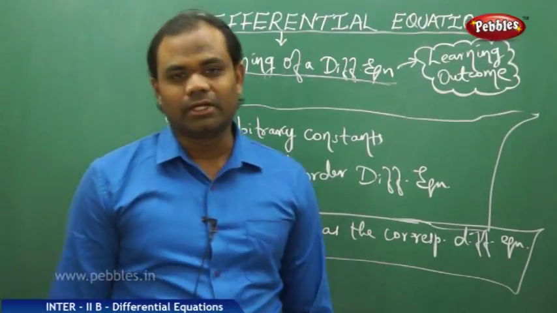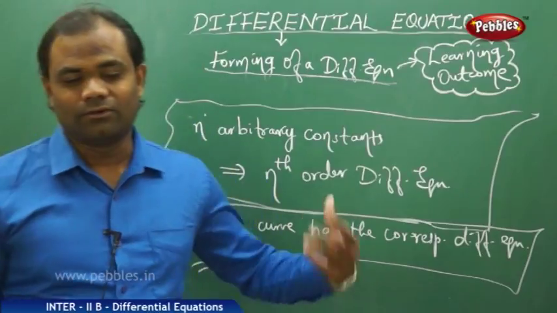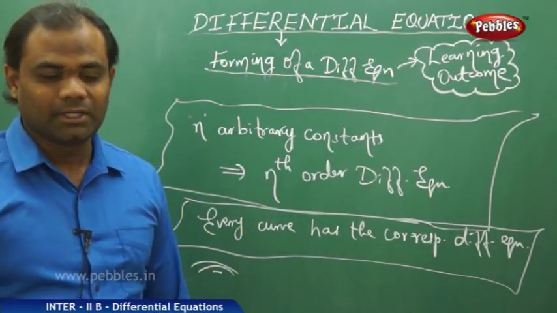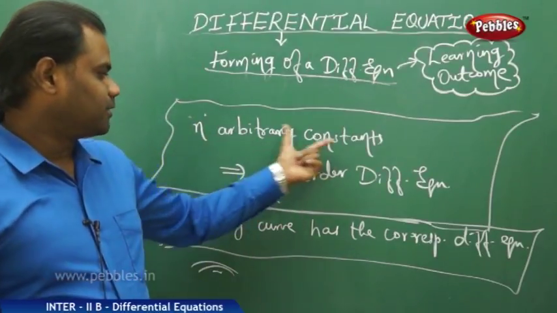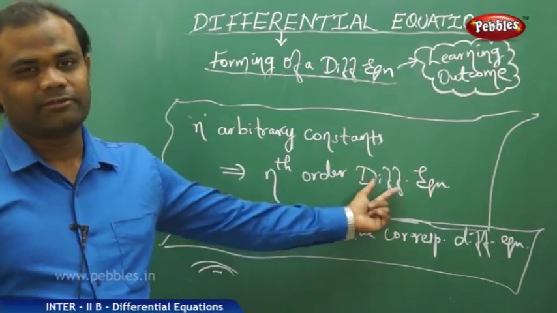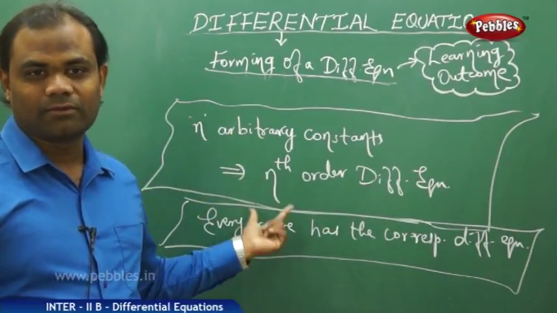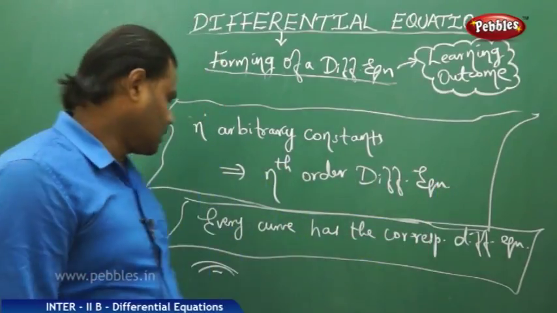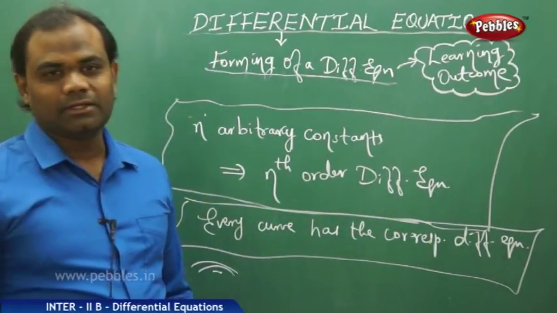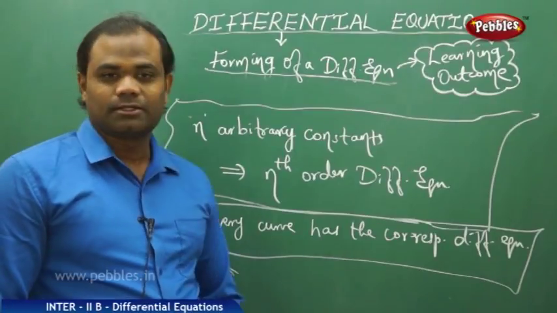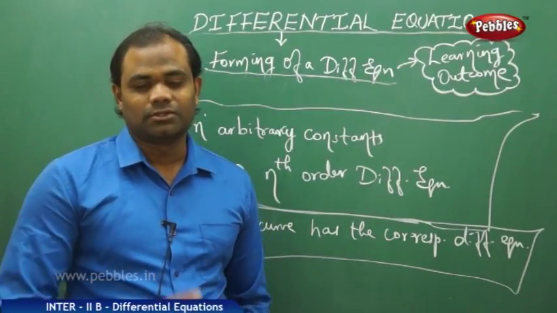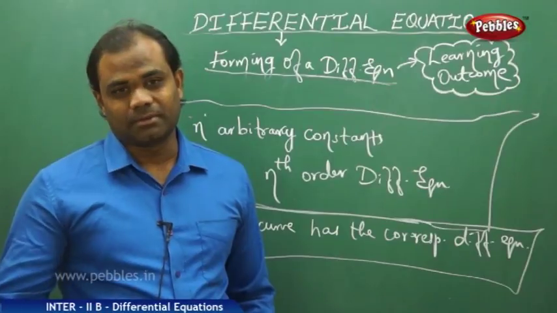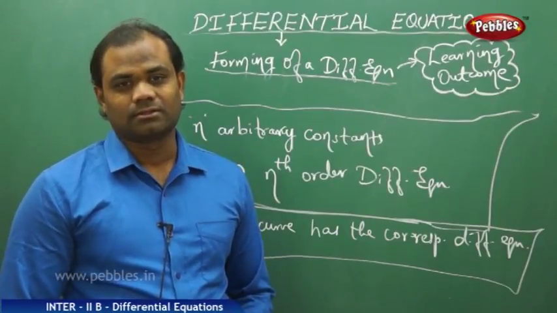So the two learning outcomes for the case of forming of a differential equation is that one, n arbitrary constants implies the order of the differential equation is the number of arbitrary constants, that is an nth order differential equation, and every curve or any equation has the corresponding differential equation, which is obtained by eliminating its respective constants.